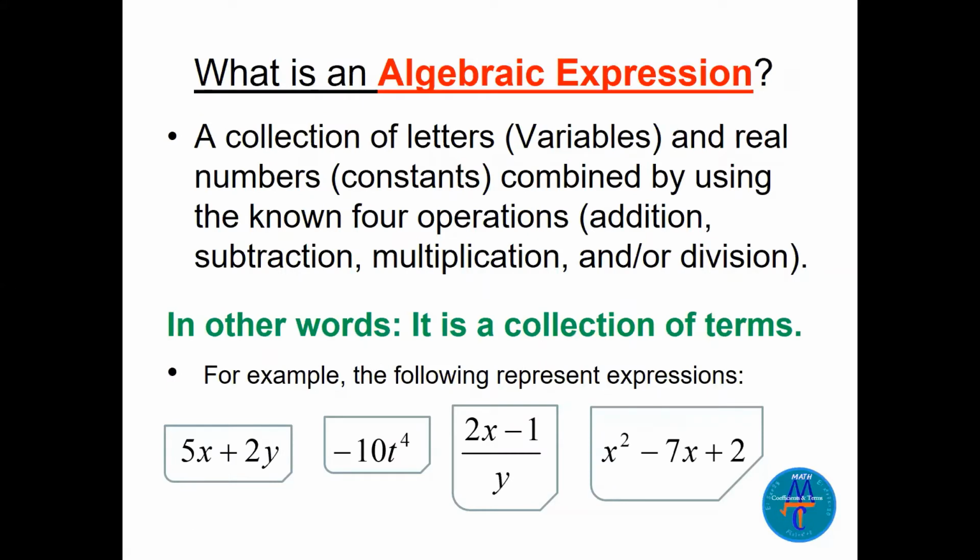Now, what is the expression, or we call it algebraic expression? An algebraic expression is simply, I will go simply first, in other words, a collection of terms. So you have some terms, maybe one term, maybe two terms, maybe 3, maybe 4, maybe infinity.